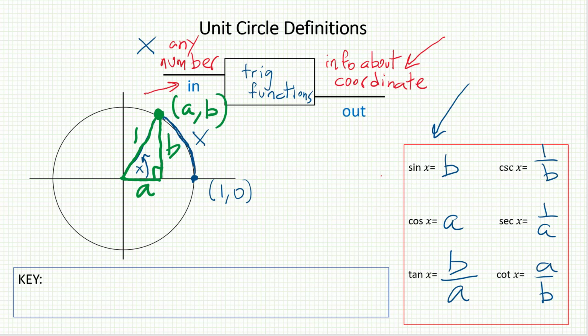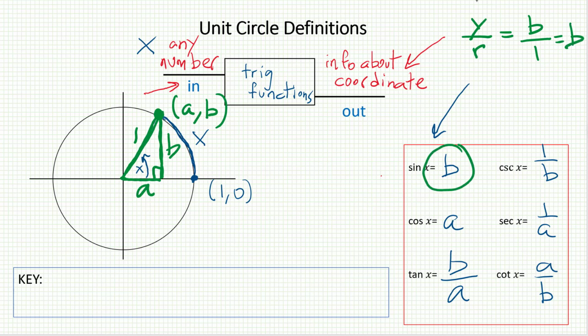Well, think about our previous definitions for the sine function. When we did the reference angle definitions, we said sine was y over r. In other words, take the y coordinate, which in this case would be b, and divide it by the r distance, which in this case would be 1. b over 1 is b.